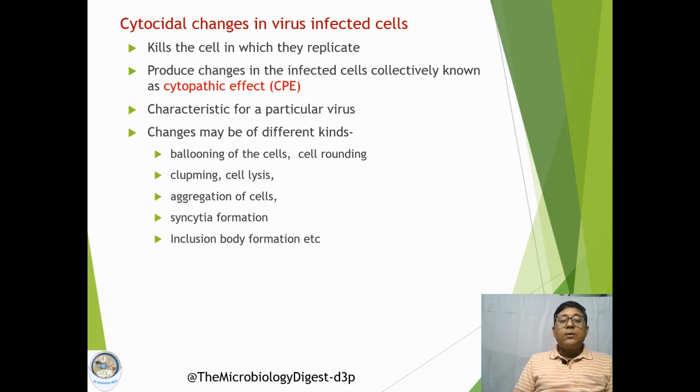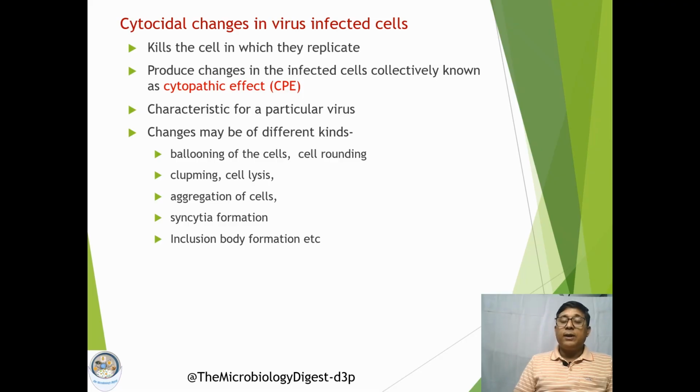What changes may we see when a cytocidal interaction takes place between virus and cell? First, it kills the cell, so invariably there will be cell death.